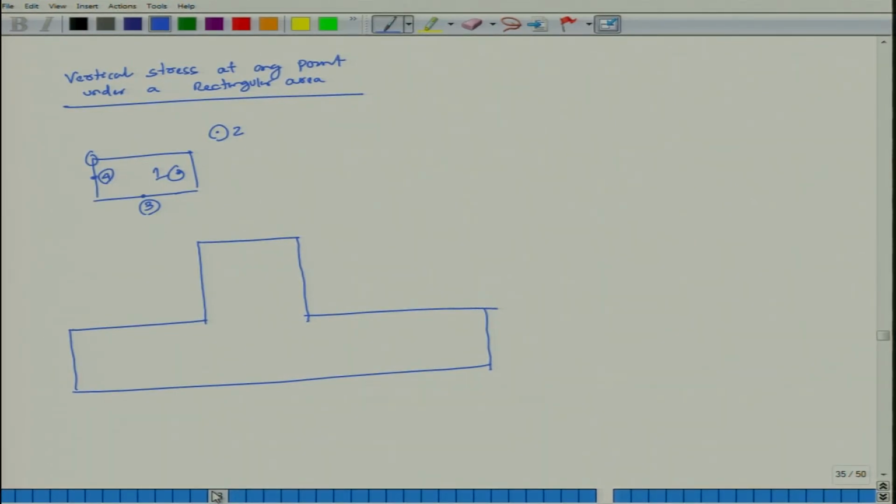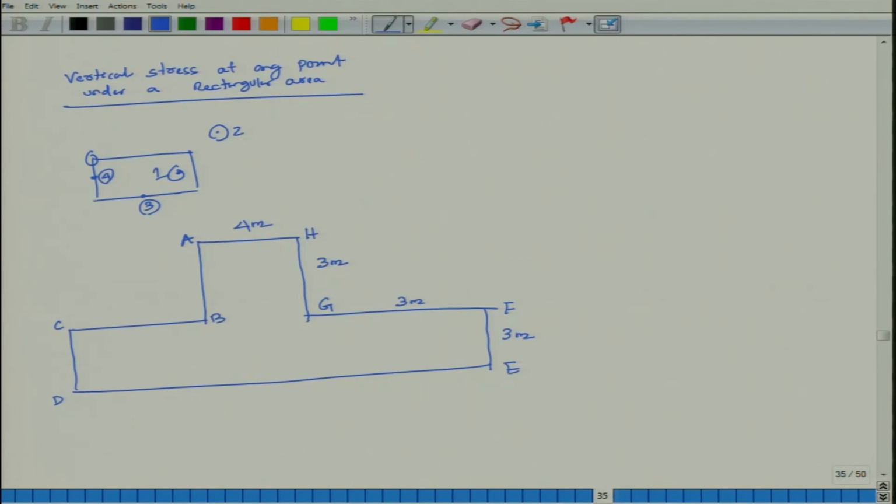So, all the dimensions have been given, let me name it A, B, C, D, E, F, G, H, and this is your 3 meter, this is your 3 meter, and this is your 4 meter, and this is also 3 meter. All dimensions have been given.